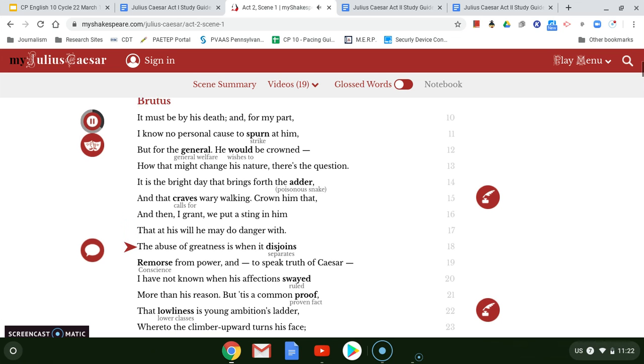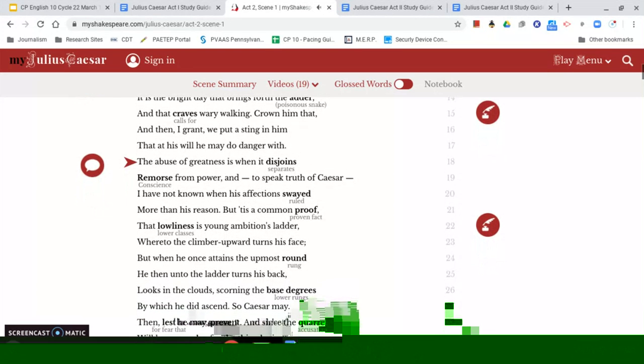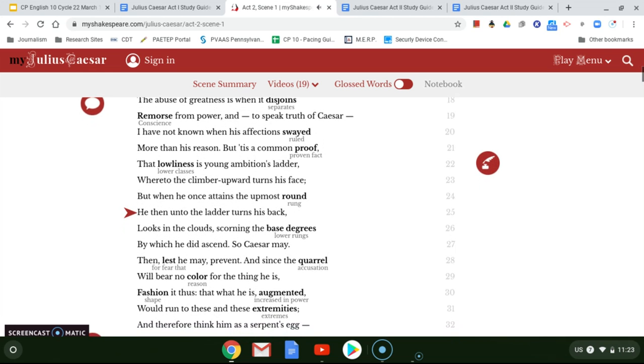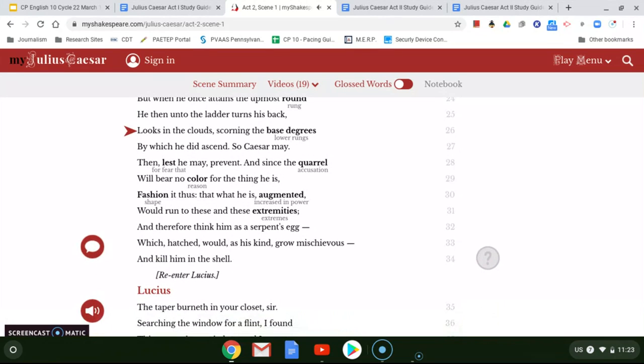The abuse of great power. And to speak truth of Caesar, I have not known when his affection swayed more than his reason. But 'tis a common proof that lowliness is young ambition's ladder, whereto the climber upward turns his face. But when he once attains the utmost round, he then unto the ladder turns his back, looks in the clouds, scorning the base degrees by which he did ascend.